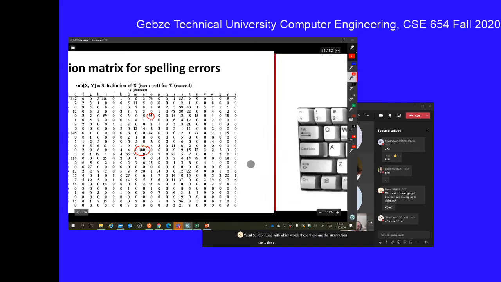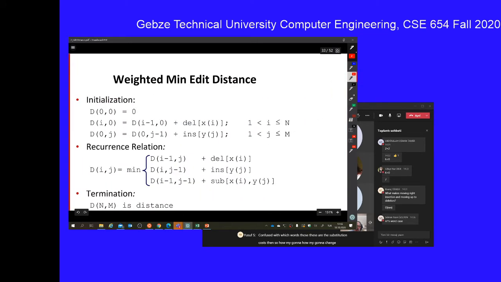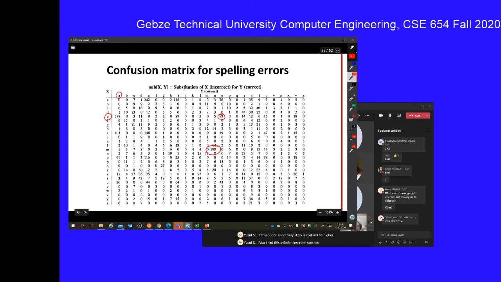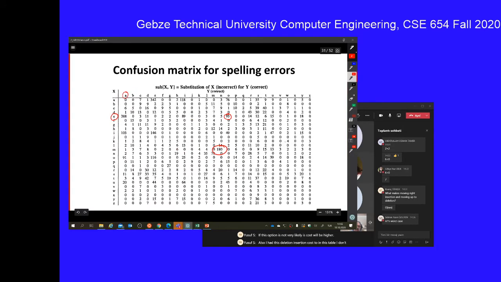So how am I gonna change my algorithm then? In that case, instead of adding 2 or 0 to this case, I am going to add some substitution cost. If the substitution is not very likely, its cost will be higher. Also, I have deletion and insertion costs too. In this table, I don't have the deletion and insertion costs.